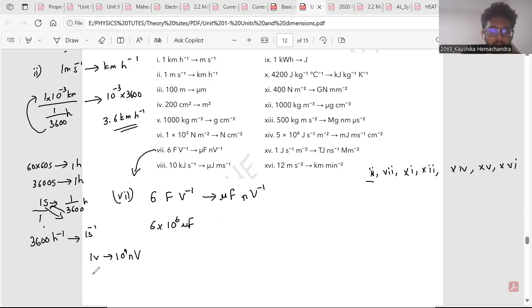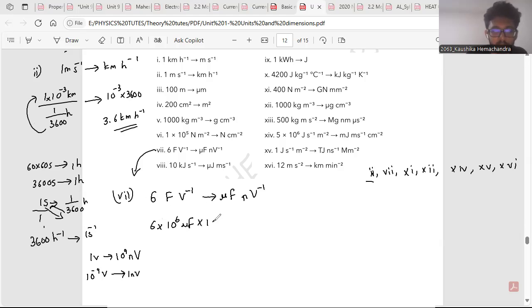Then 1 nanovolt is the other way around, 10 to the power minus 9 volts. When it's per, you divide by 1 volt, and 1 volt is 10 to the power 9 nanovolts.